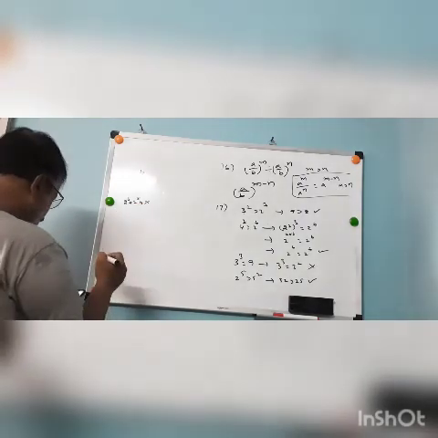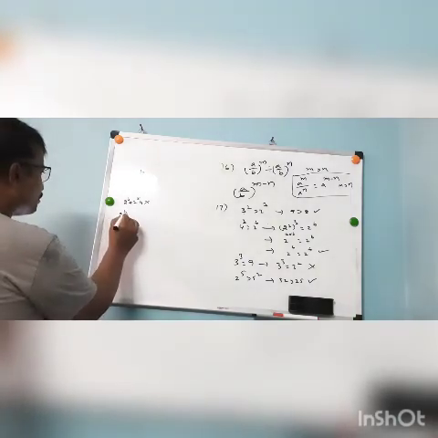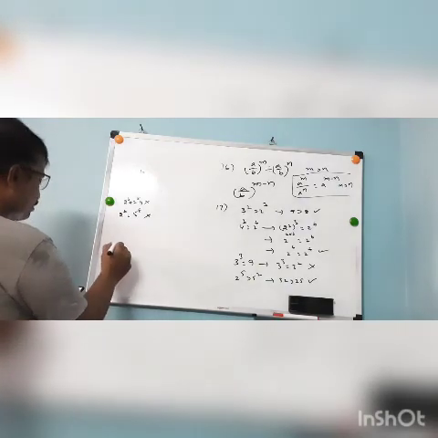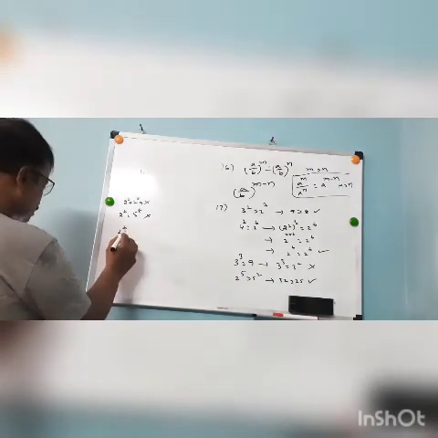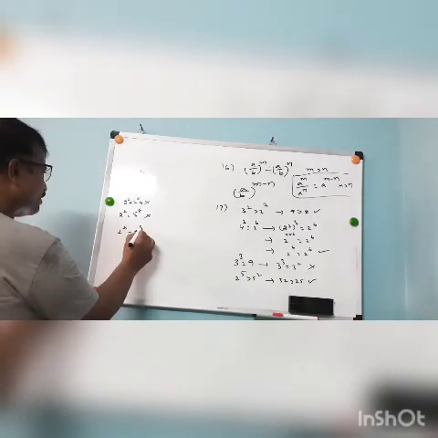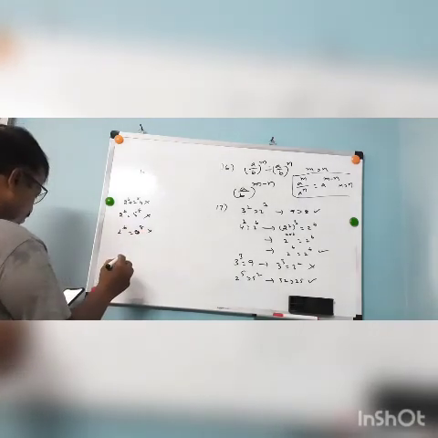That's why it is false. Next, 2 power 6 is equal to 5 power 8. This is also false. 2 power 6 is equal to 0 power 8. Also false.